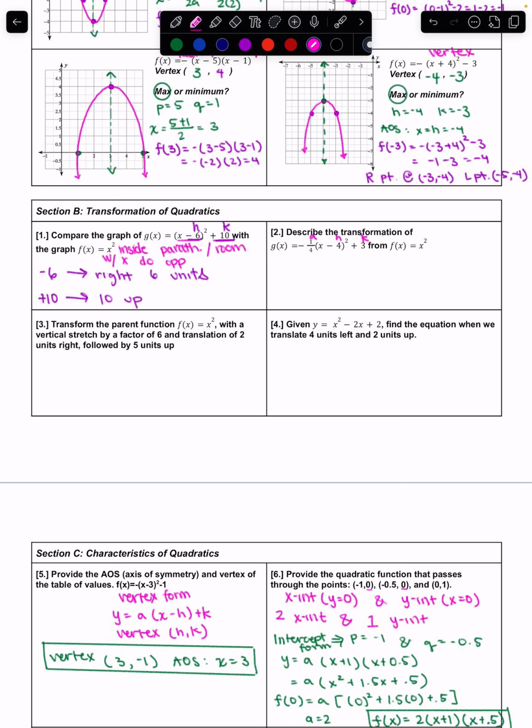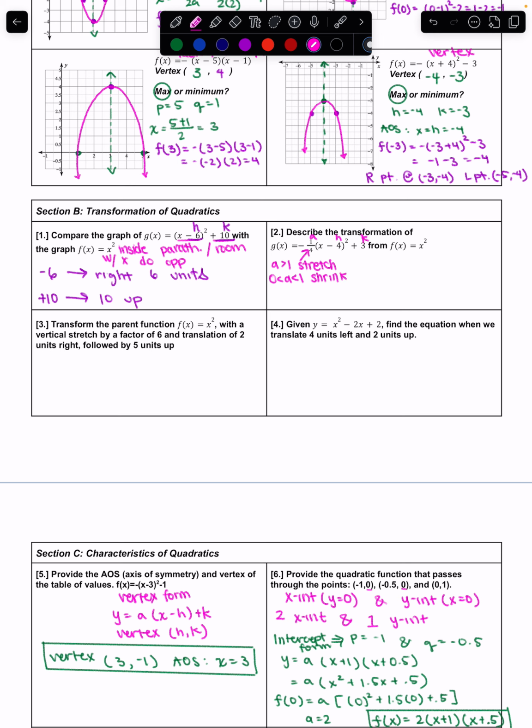Now the a value is important because it tells us roughly what our overall quadratic function looks like, okay? So here is my a value. If your a value is greater than 1, then we have a stretch. If our a value is in between 0 and 1, then we have a shrink.